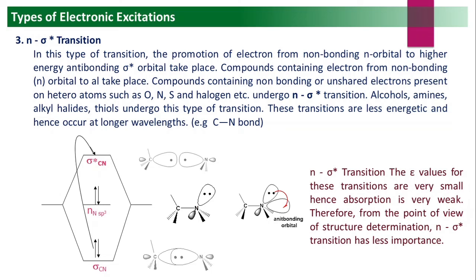The absorption peak is very weak, and therefore from the point of view of structure determination, n to sigma star transitions are not very important, because these peaks are weak and short, since the probability of these excitations is very low.